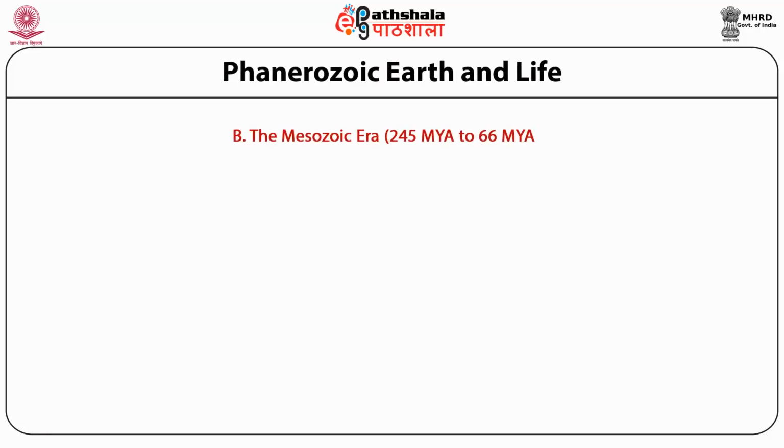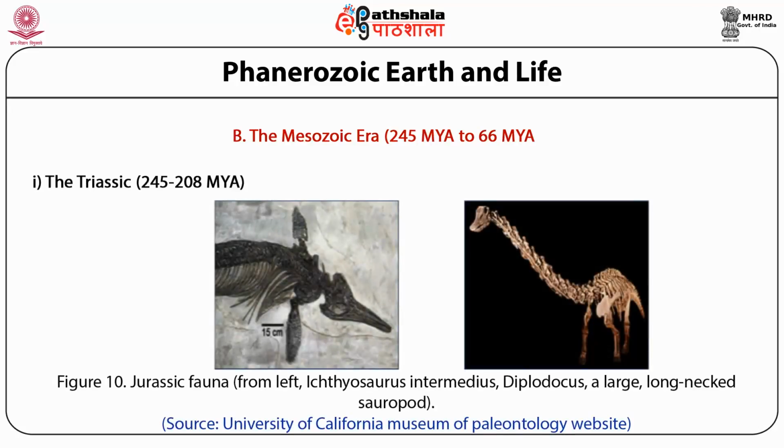As we have already discussed that the Mesozoic era is divided into Triassic, Jurassic, and Cretaceous periods, let's discuss the Triassic period, then the Jurassic period. The Triassic period, which lasts for about 245 to 208 million years ago, was the oldest period of the Mesozoic era.